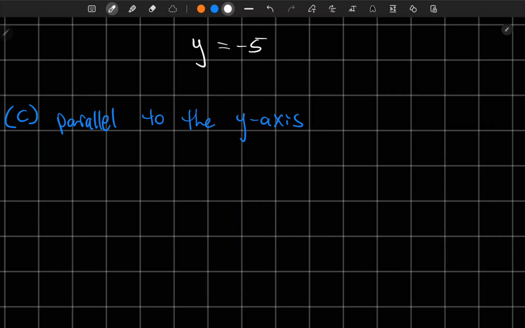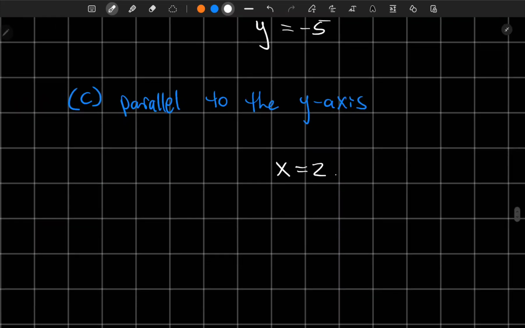So there's a constant x value. We've already specified an x value of 2 in the point (2, -5). So the equation for this line is given by x is equal to 2. And that is the equation for our line. Notice here that no y value is specified because this is true for all y values.